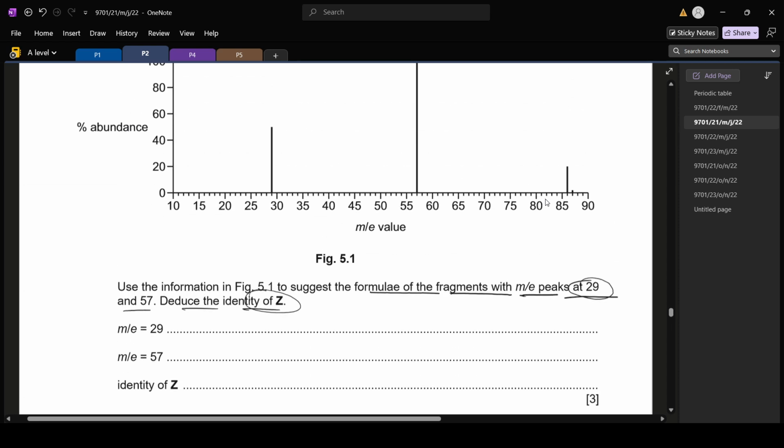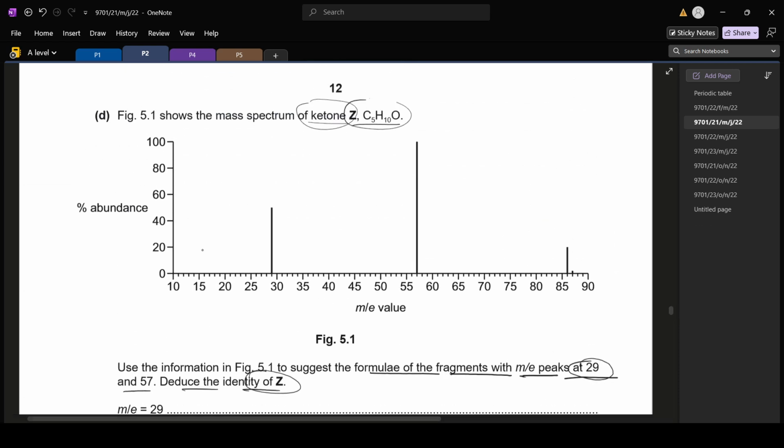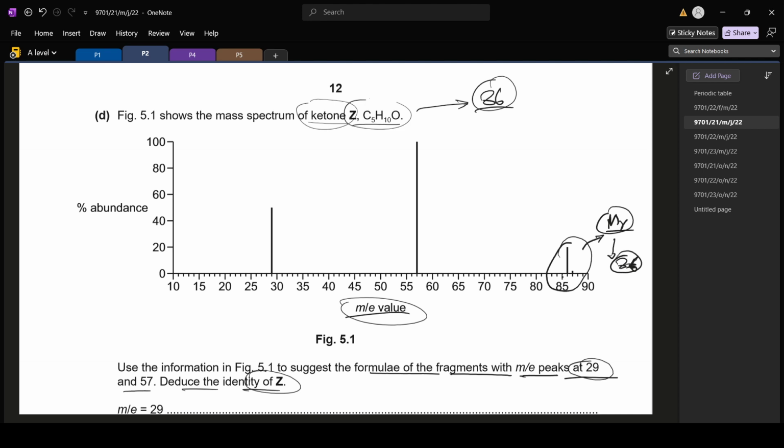Okay. So in the mass spectrum, the peak at the end, the one with the highest mass to charge ratio, in all mass spectra this peak is the molecular ion peak, which gives the Mr. So you can see here that the ketone Z has the Mr of 86, and this peak is also at 86. So this is the molecular ion peak. And then we have a peak at 57, and then at 29.